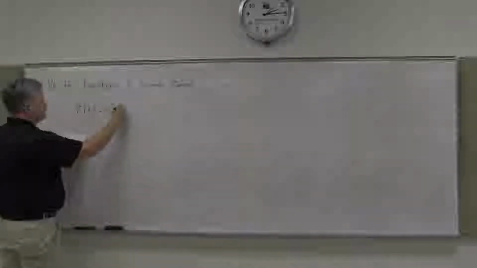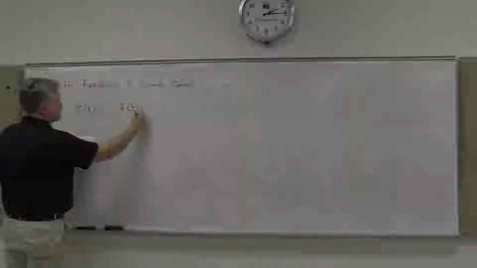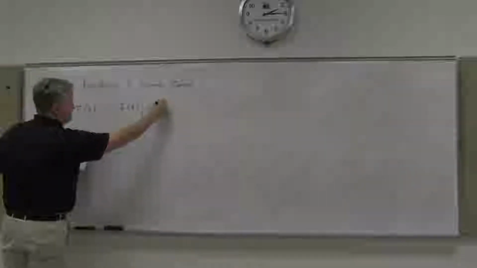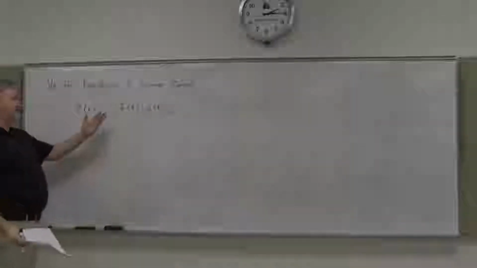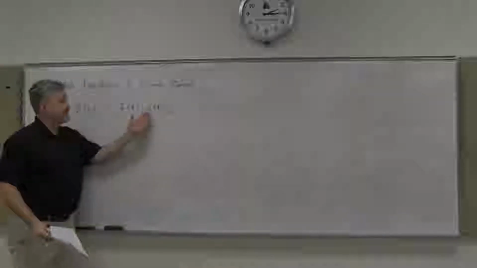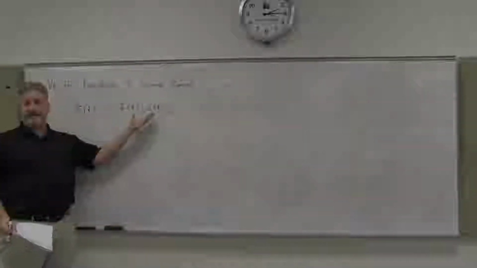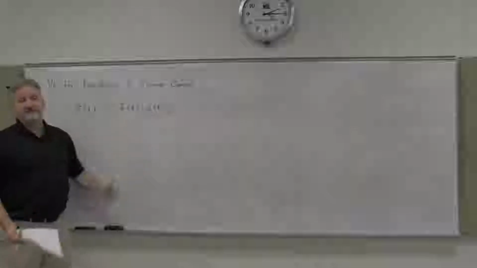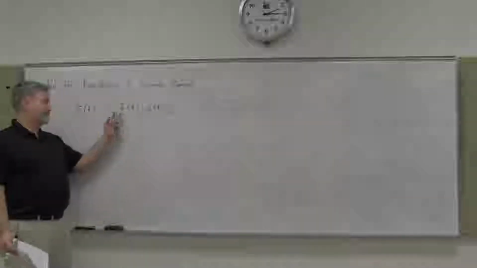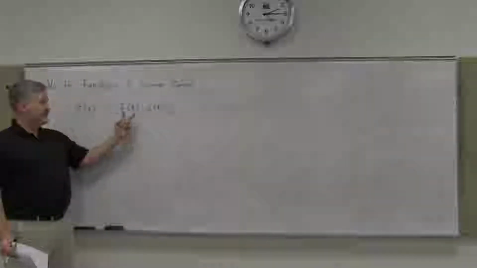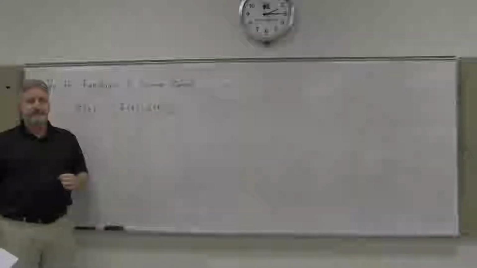Well, the way we do that is basically we just make the components of the vector functions themselves. So this is a function, this is a function, but they're components of the vector.